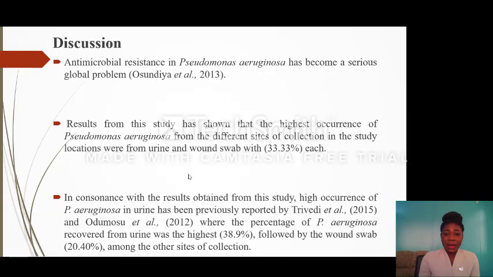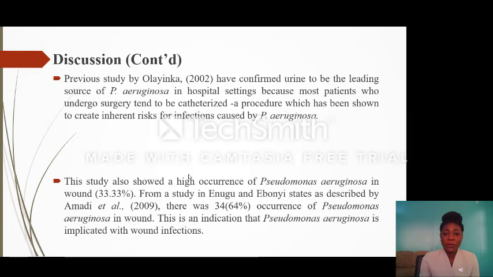Previous study by Olayinka, 2002 has confirmed urine to be the leading source of Pseudomonas aeruginosa in hospital settings because most patients who undergo surgery tend to be catheterized. This is a procedure which has been shown to create inherent risk for infections caused by Pseudomonas aeruginosa.